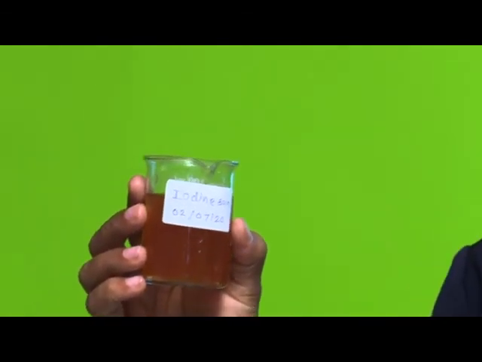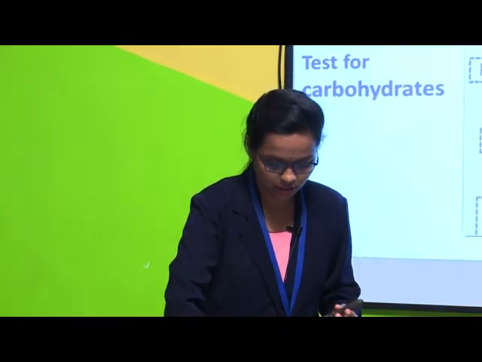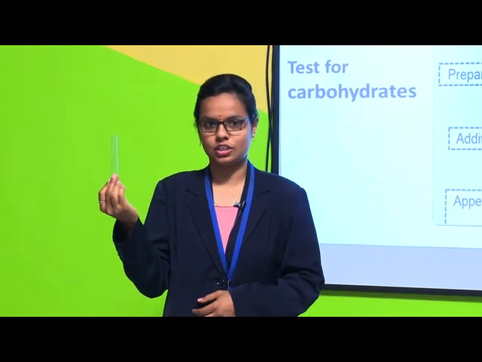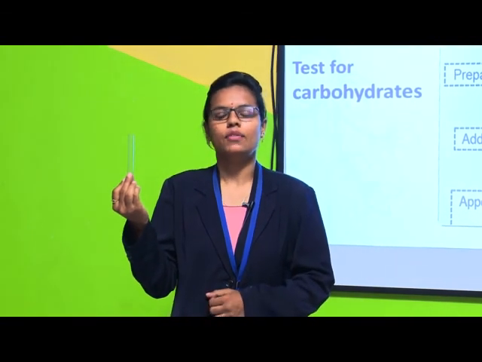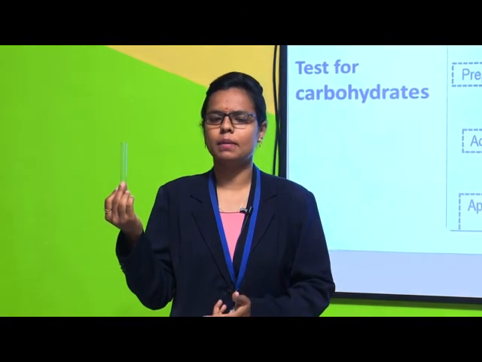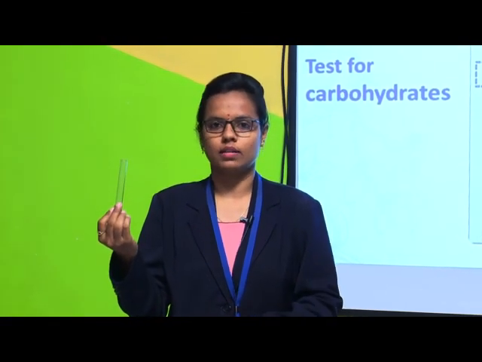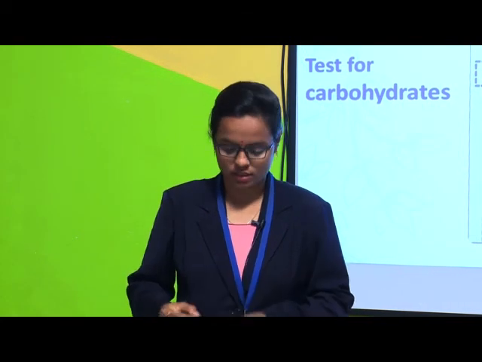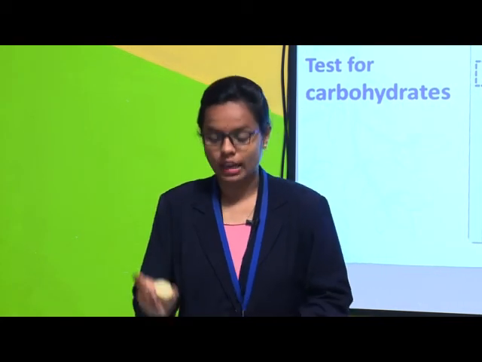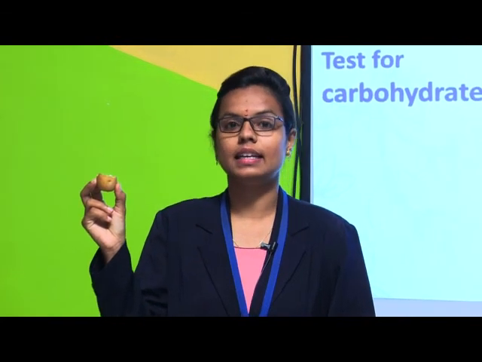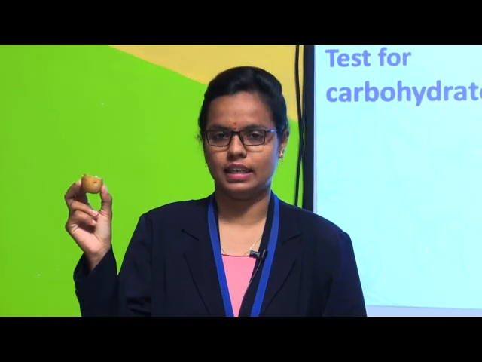So, let us start our experiment. To prepare, we need iodine solution, and we also need a test tube. We will take a food item, it may be raw or cooked, as it is available to us. As we know, potato is rich in carbohydrates, it contains a lot of starch.